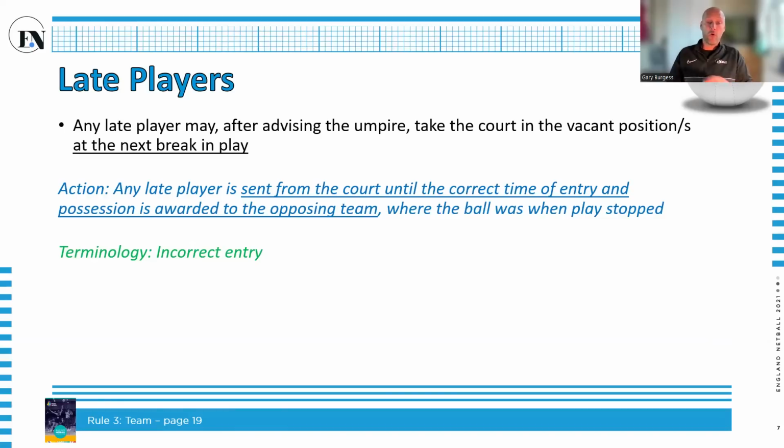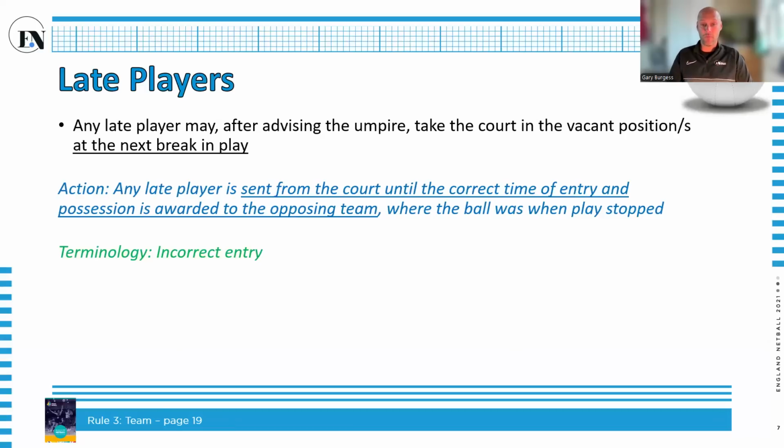Okay, now for all 3 of these rules, the terminology is incorrect player. Okay, and as mentioned, for this rule, any late player is sent from the court until the correct time of entry, and possession is awarded to the opposing team where the ball was when play was stopped. Now, a top tip for you umpires: if you're just about to stop the game, just remember where the ball is, okay?